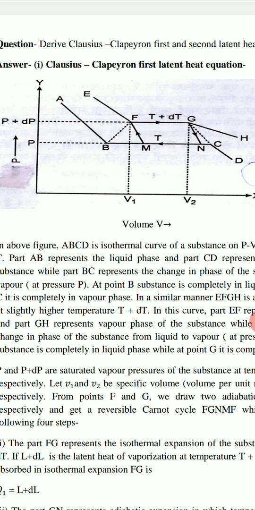From C to B, there is a change of state. Gaseous state converts into liquid state, and at point B, the material is entirely in liquid state. And then from B to A, it is in liquid state. In this state, we also see that when pressure is increased, its volume is decreased.